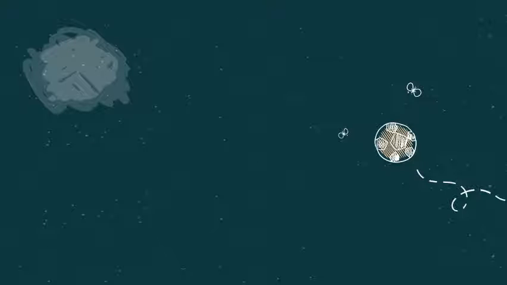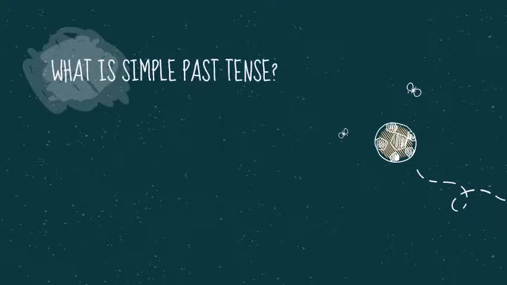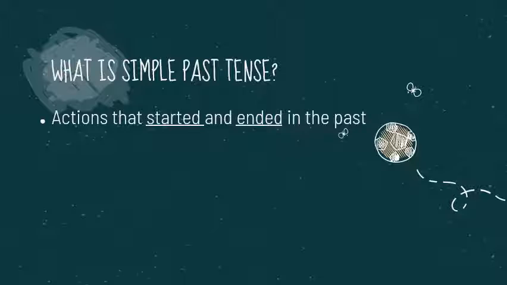Okay, first things first, students. Like I said just now, we will be looking at what is simple past tense. The sentences that we will be doing today will consist of actions that started and ended in the past. So all the statements, the sentences that you'll be writing will be the things that have happened in the past.